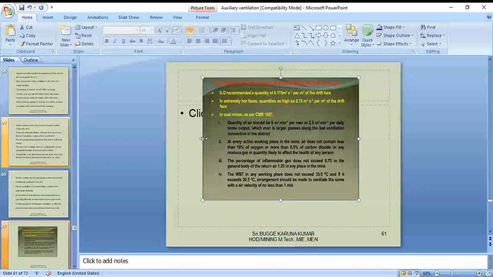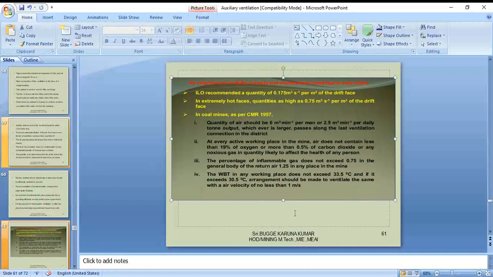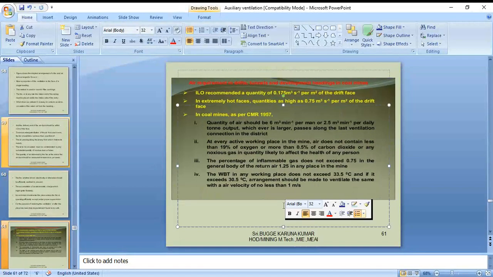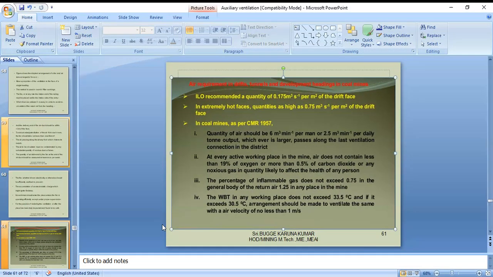This is the International Labour Organization recommendation of the quantities as per the ILO standards. You can go through it. The ILO quantity is 0.172 per square meter per meter of the drift face. For an extremely hot face, the quantity is higher as per the drift risk.